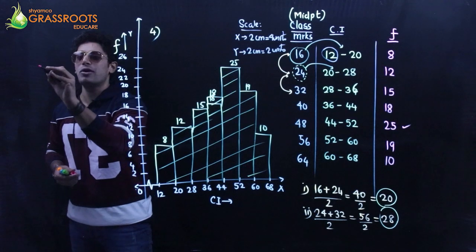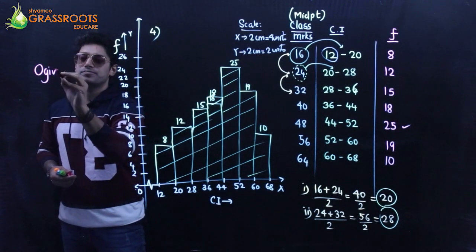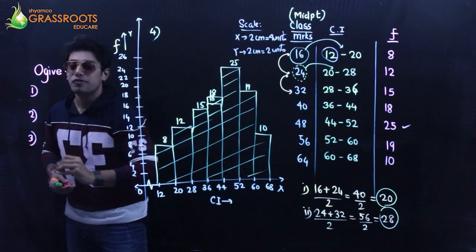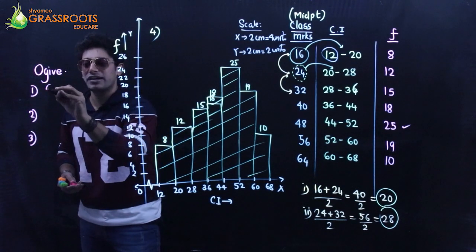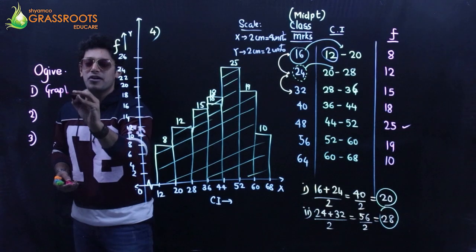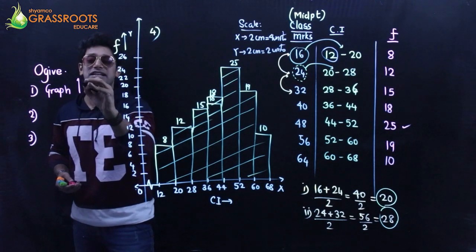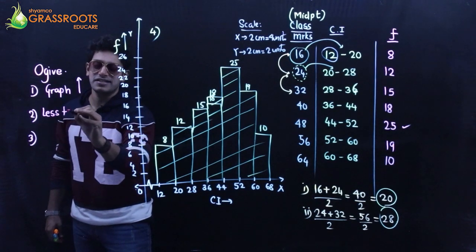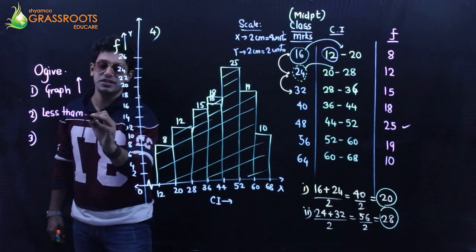Now when I'm talking about ogive, first, I'm talking about a graph which is an increasing graph. We call it a less than cumulative frequency.